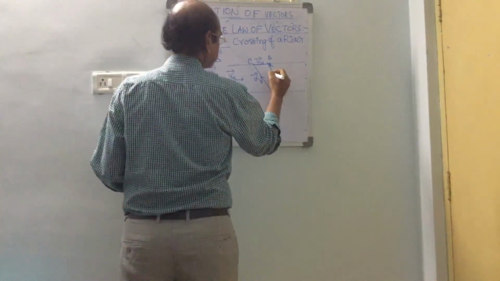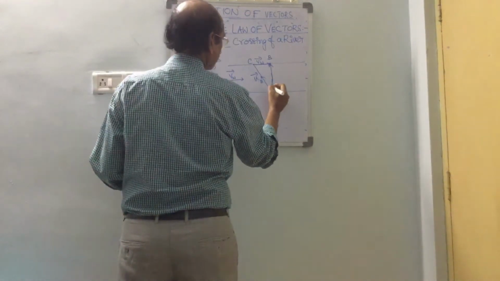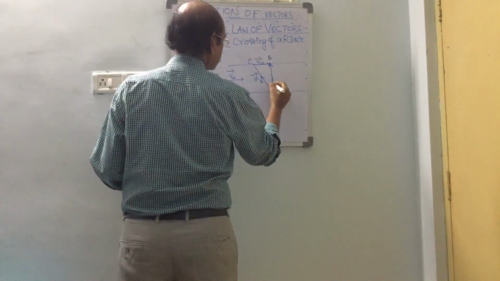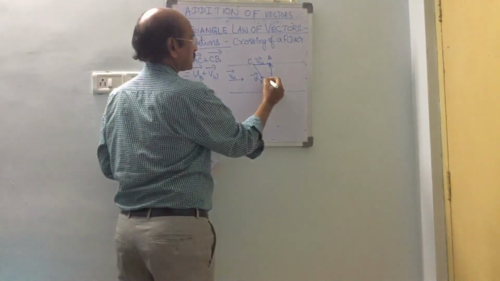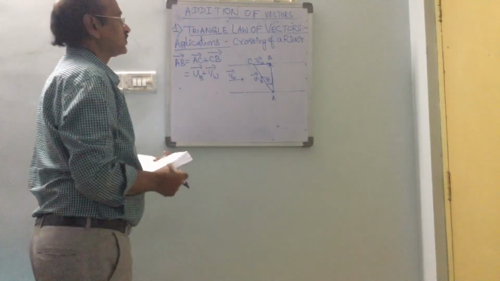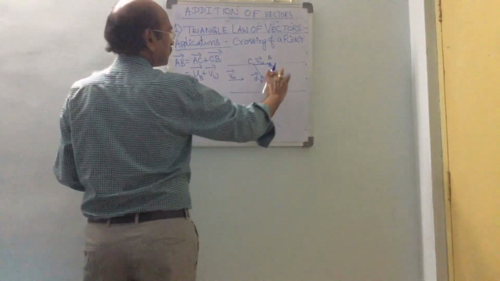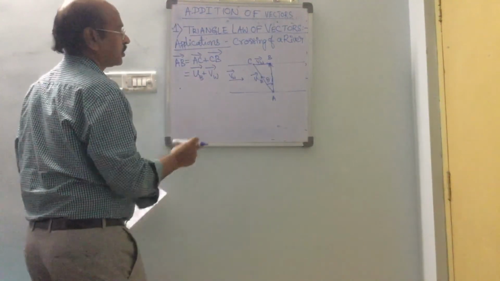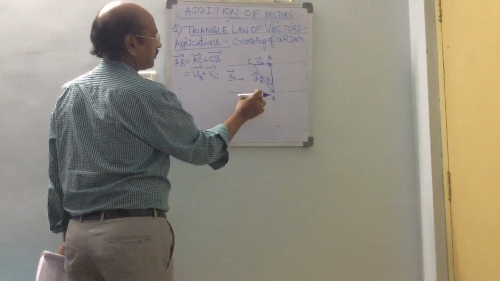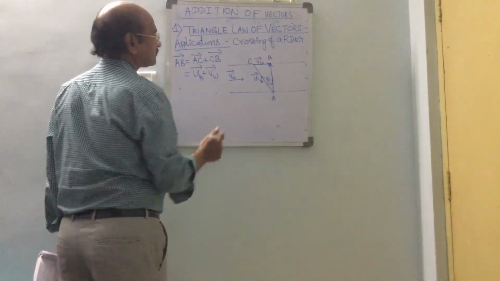Consider the direction of the boat, which is mentioned in terms of the angle. With the direction AB, the boat should be rowed in the direction making an angle theta.